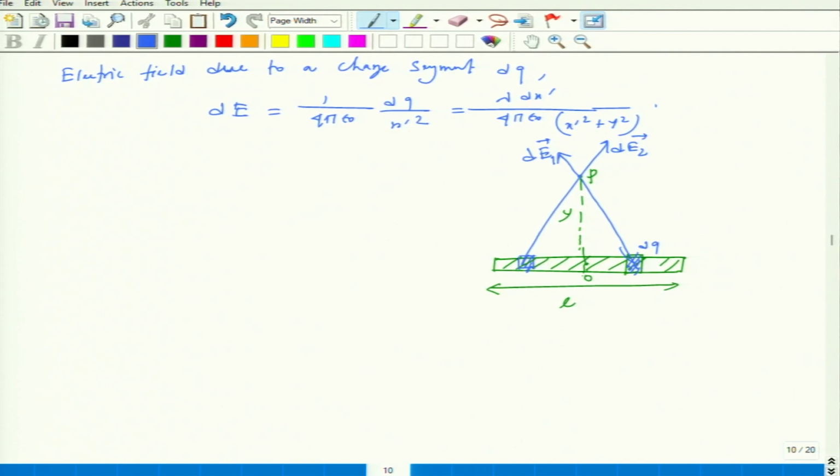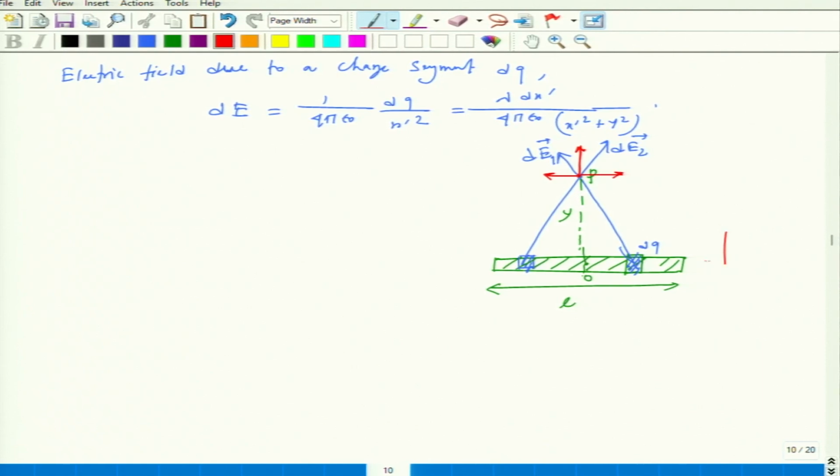This is a vector quantity, so we have two components: dE1 has a component along the y axis and along the x axis, and dE2 also has a component along the y axis and along the x axis.